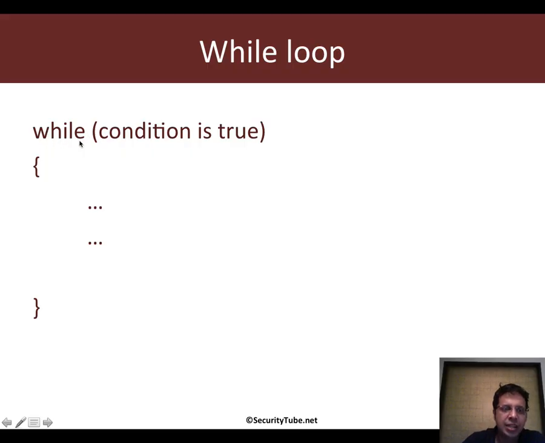You have the while keyword followed by a condition which needs to be always evaluating to true for the loop to continue. Typically the condition is changed inside the loop after the requisite number of iterations are done, so that the while loop would exit.